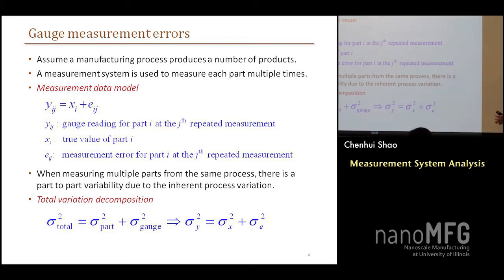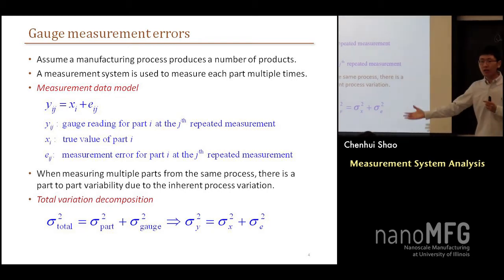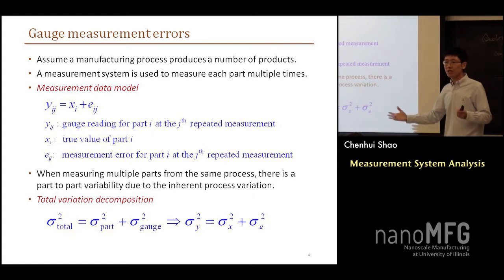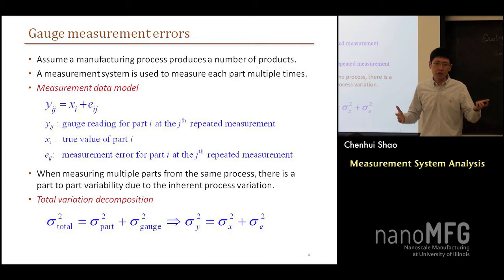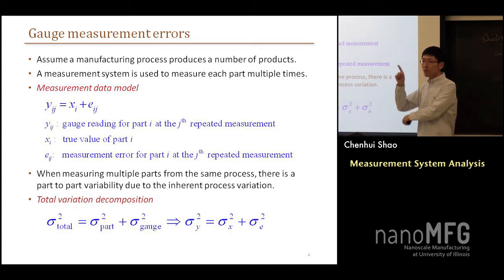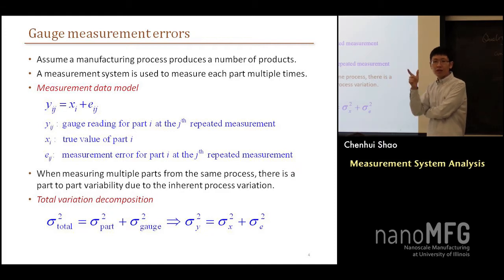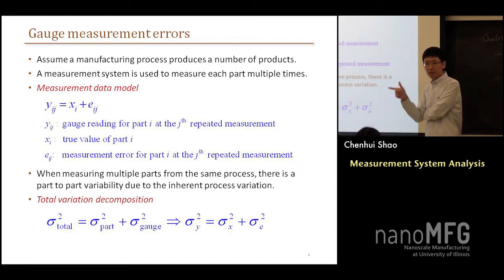So we're measuring multiple parts. There's another source of variation, which is part-to-part variation. Like when you measure this part and that part, you have two different parts. So there's another variation, which is part-to-part variation, or product-to-product variation.